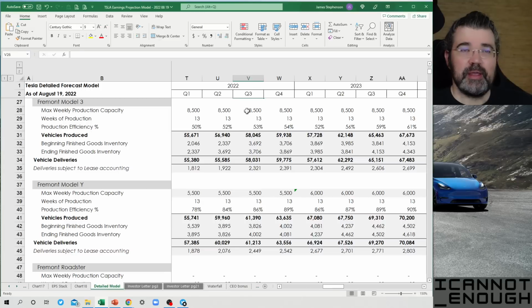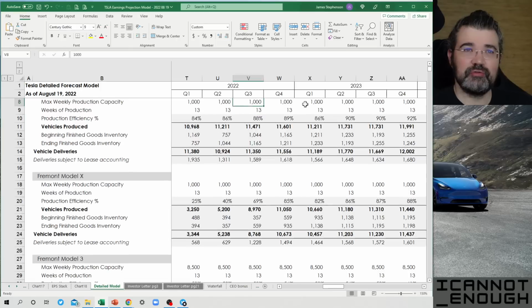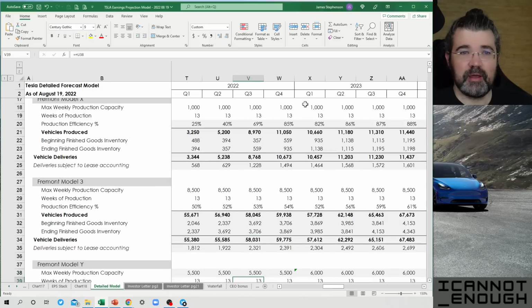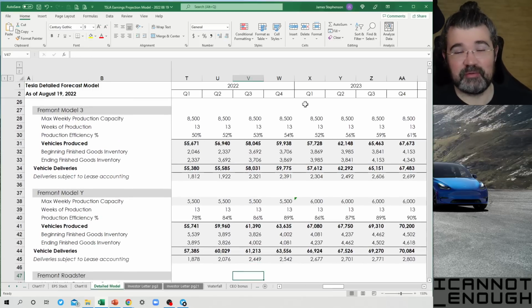Here's Fremont Model 3. So these you can make a lot more of. In each of the first two examples here, we saw a design capacity limit of about 1,000 per week. We have seen Tesla actually exceed that, but never for very long.